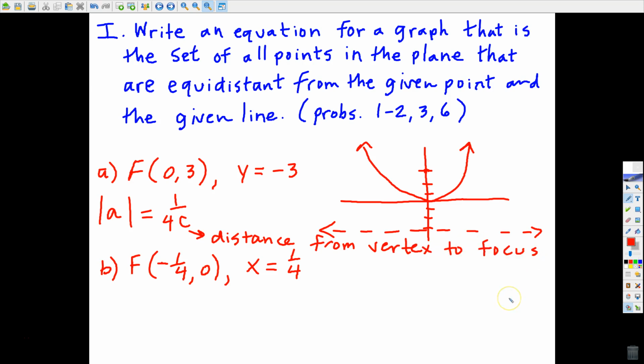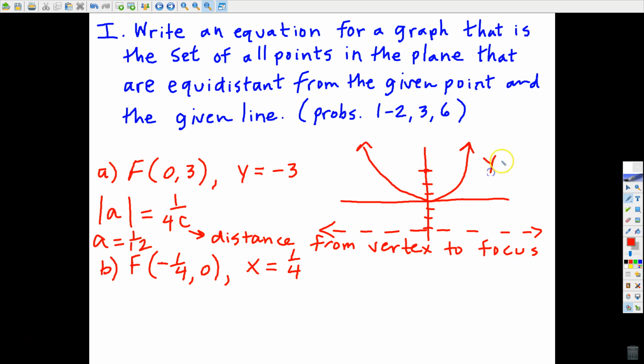Or you could say vertex to directrix because they're the same distance away. But the definition of what C literally means, if you were to look in a math textbook, it would probably say distance from vertex to focus. What is that distance in this problem? 3. So C is literally the number 3. Now I know what A is. What's A? 1/12.